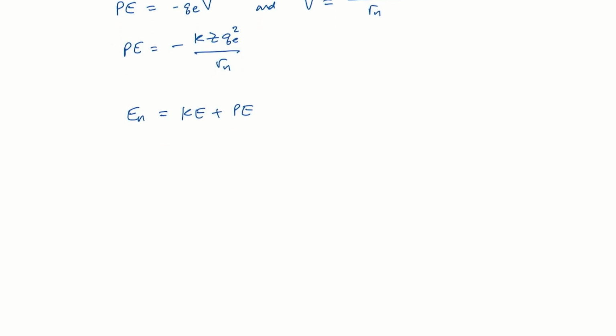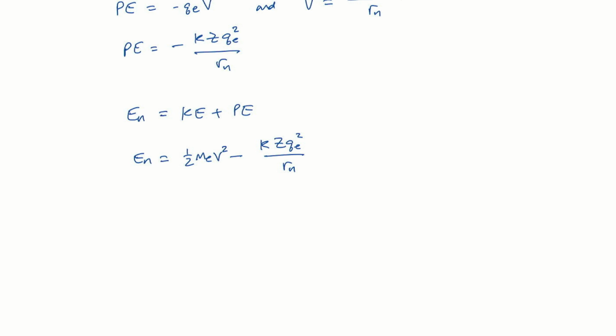Substituting for the KE and the PE, we get 1/2 mass of the electron times velocity squared, then minus K, Coulomb's constant, times Z, Q sub E squared divided by R sub N.